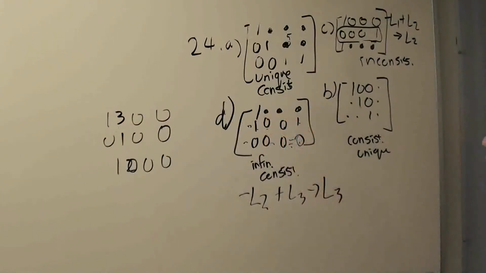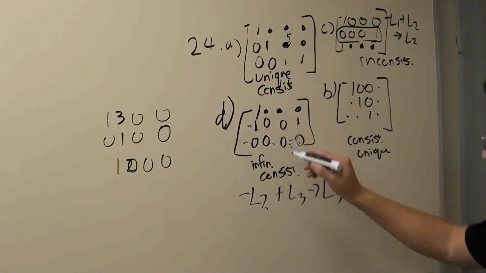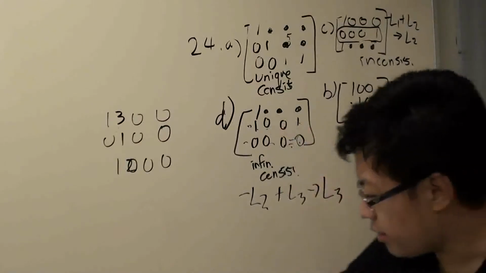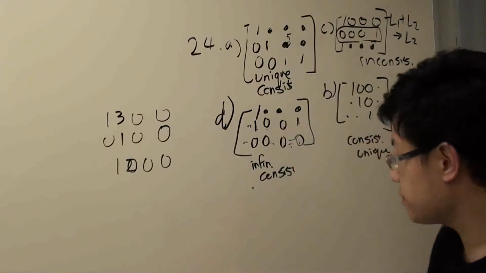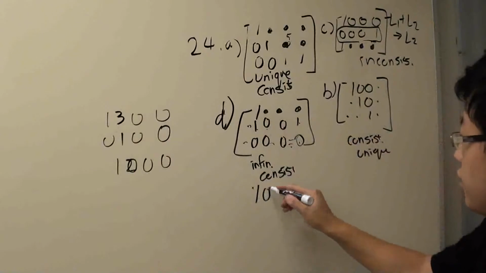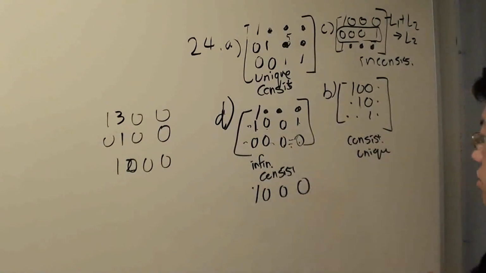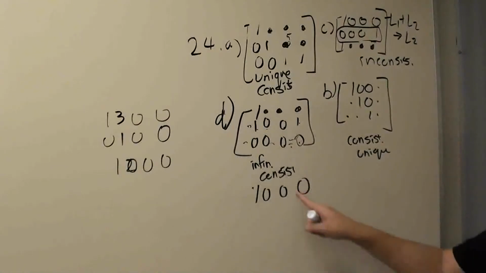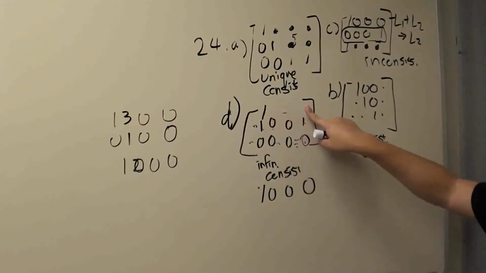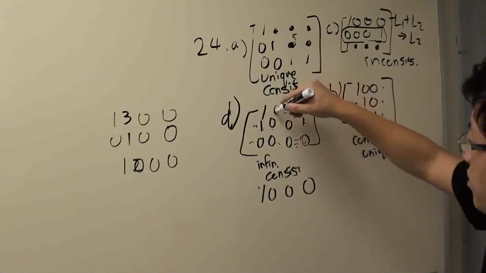Now let's say this happened. Let's say the top was, I'm going to erase this, 1, 0, 0, 0 and 0, for example, right? Let's say that was the top. I'm just going to do this, because it could be any number, right?